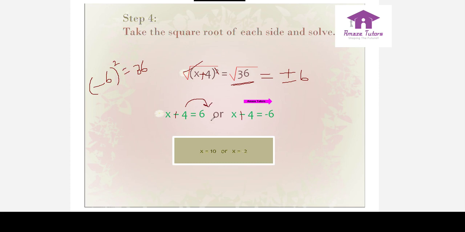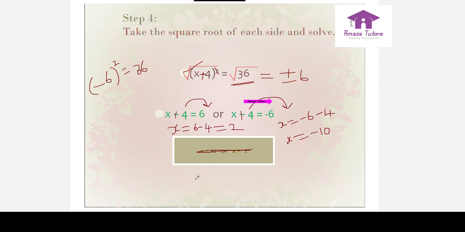Take 4 to the other side. x equal to 6 minus 4, which is 2. And when you take 4 to the other side, x equals minus 6 minus 4, because we are changing the sign also. x equal to negative 10.